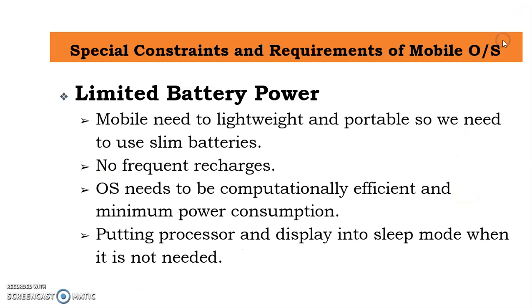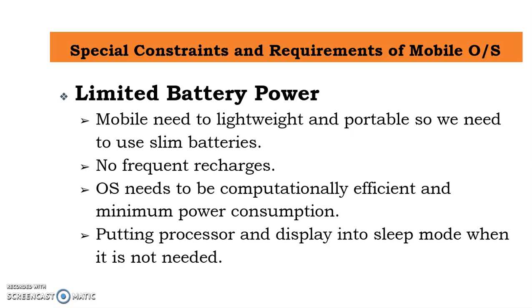Next, let us see limited battery power. Mobile phones need to be lightweight and portable, so we need to use slim batteries. Each and every time we cannot recharge our batteries, so we can provide no frequent recharges.